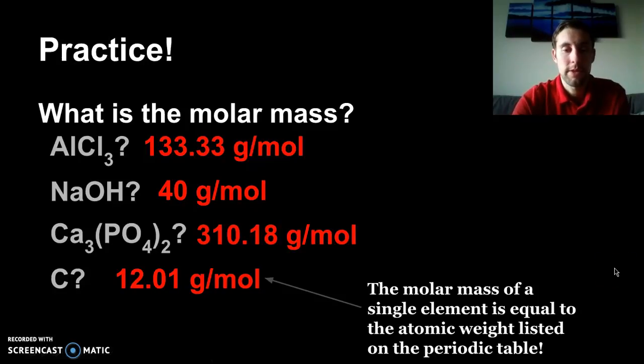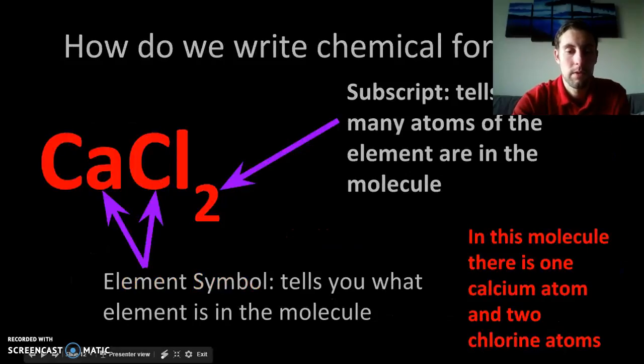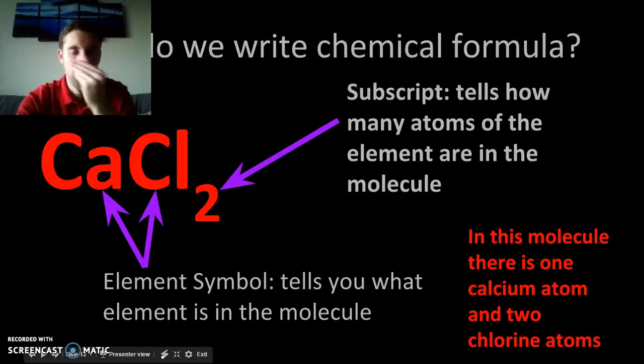Okay, so how do we do this? So we write a chemical formula by looking at the formula itself. That little subscript we talked about tells you how many of the atoms there are directly to the left of it. So there's 2 chlorines, not 2 calciums, just chlorine. The symbol is going to be what element it is.